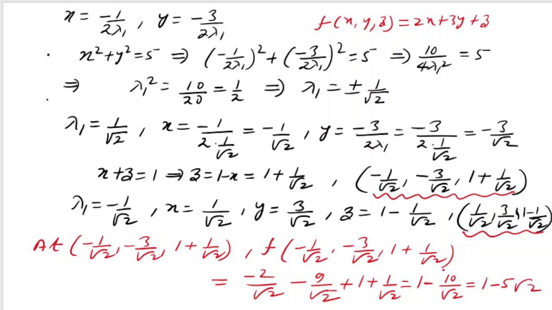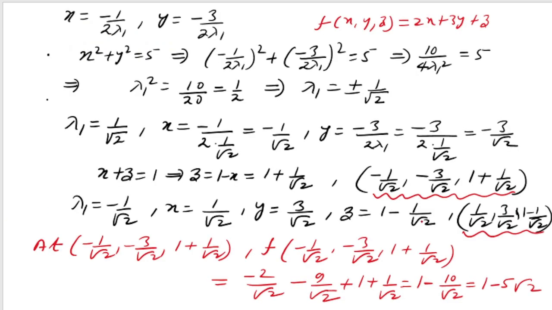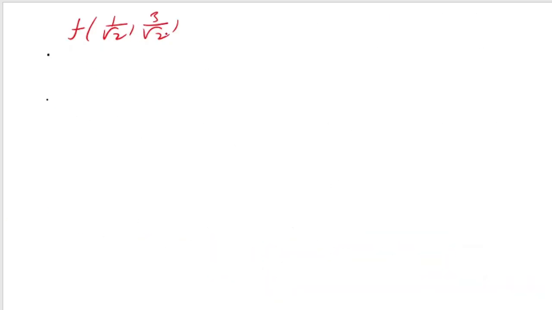We don't have space, so I have to move to the next. We have calculated the function value at one of the points. Next we have to calculate the function value at the second point, that is f of 1 by under root 2, 3 by under root 2, and z here is 1 minus 1 by under root 2.